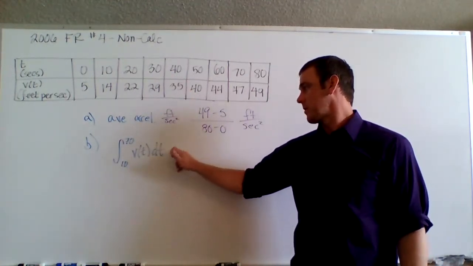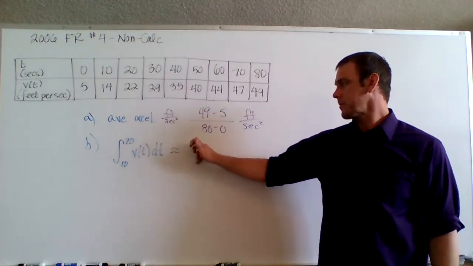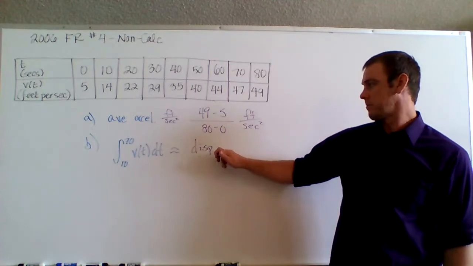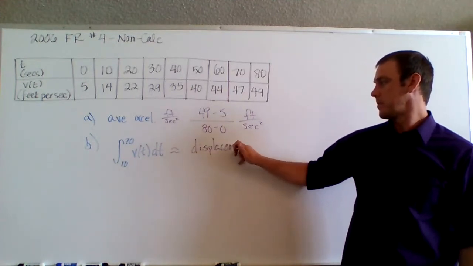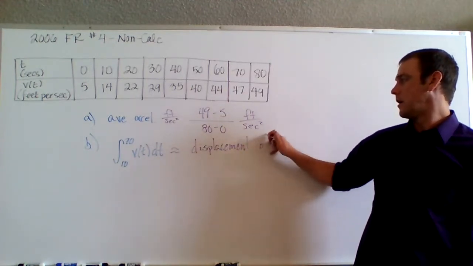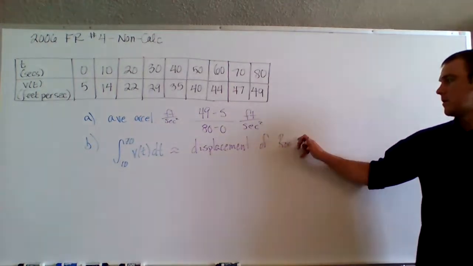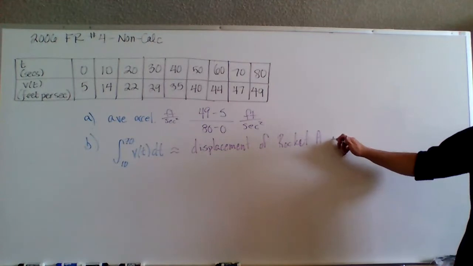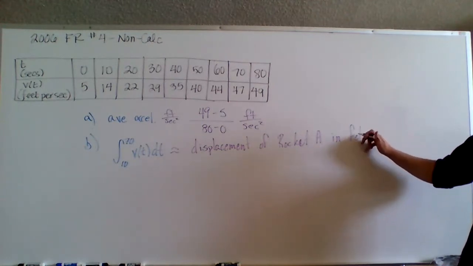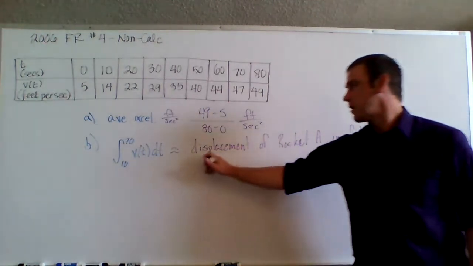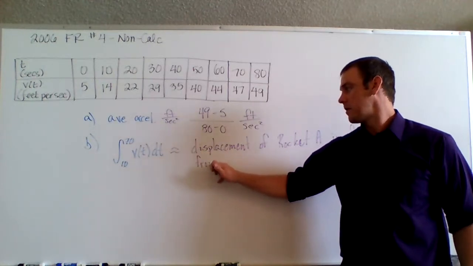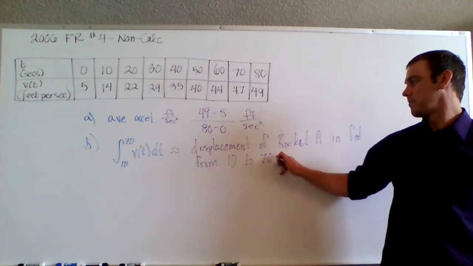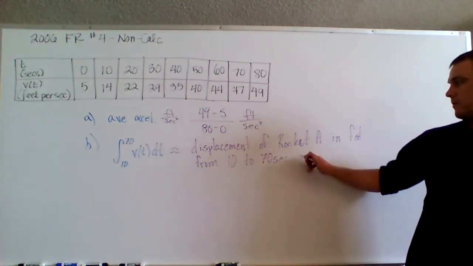Okay, so this is going to be displacement or total distance of the rocket, in feet, from 10 to 70 seconds after launch.